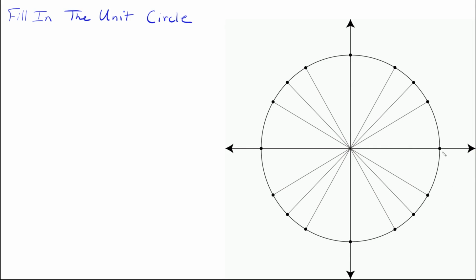So what that means is all the way around the unit circle is either 360 degrees or 2 pi. So to come up with the angles, if we go by eighths, well, take 360 degrees over 8, and what you get is 45 degrees.